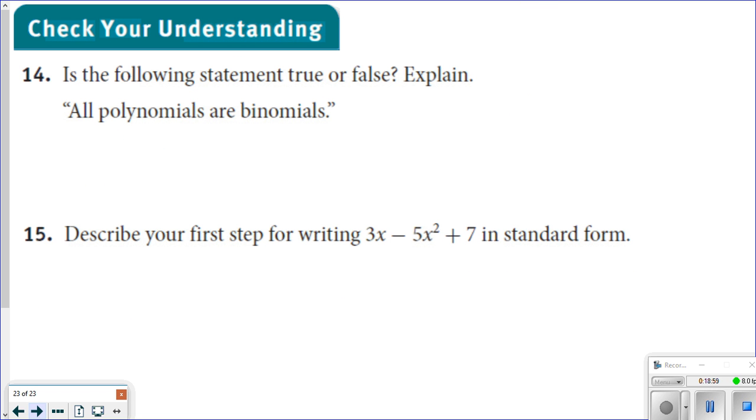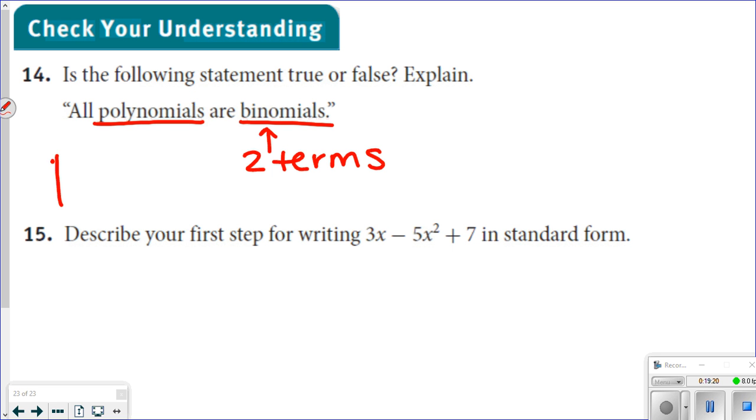Question 14. Is the following statement true or false? All polynomials are binomials. This statement is false. Polynomials do not always have only 2 terms.